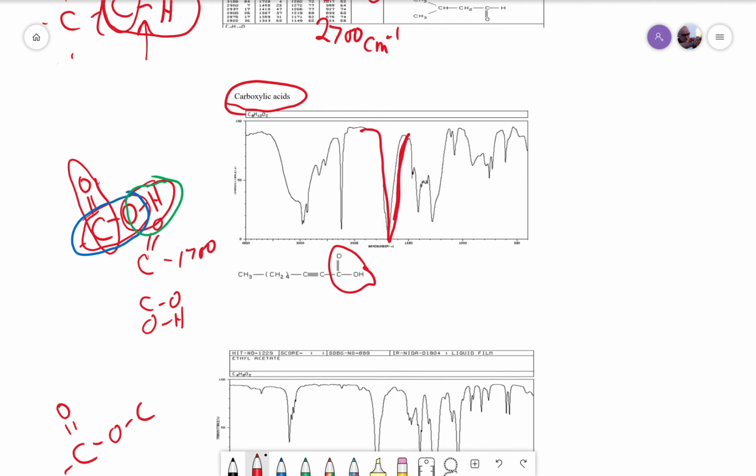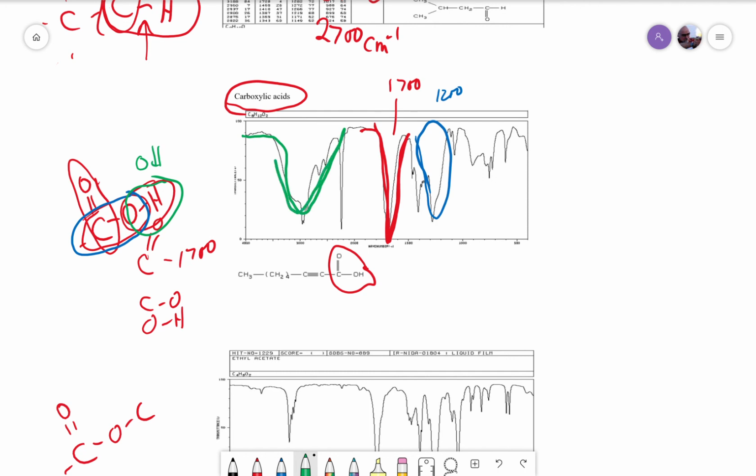The carbonyl is the big peak at 1700. The C single bond O, we can assign that somewhere in here, even though resonance is going to make that a little stranger. But then, most importantly, we're going to see this OH stretch.